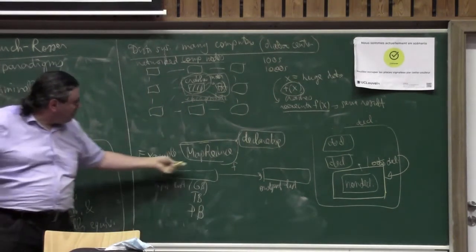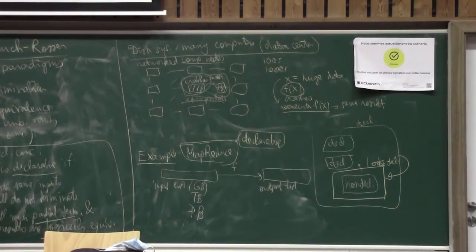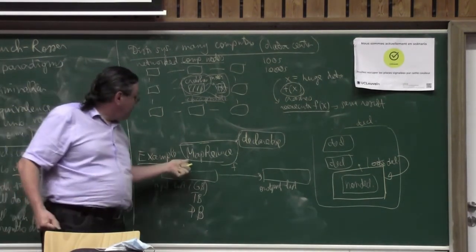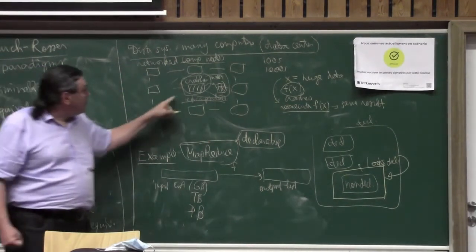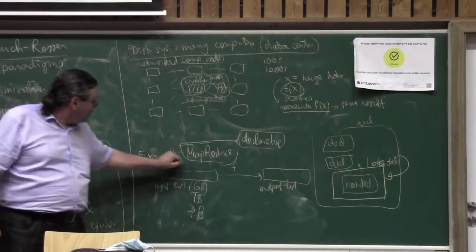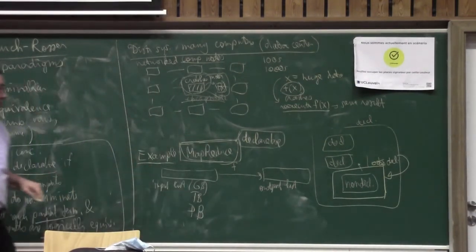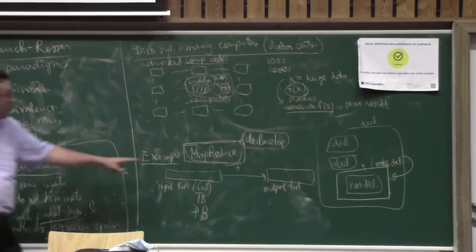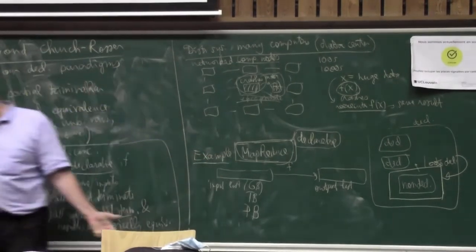Which means that the MapReduce will work even if the nodes are crashing all the time. And it's very easy to implement because of the fact that it's declarative, okay? So this is a really nice example of the advantage of declarative. And in a large-scale computation like this, running on thousands of computers, that's the only thing that works, okay?